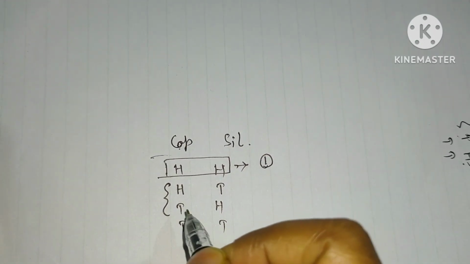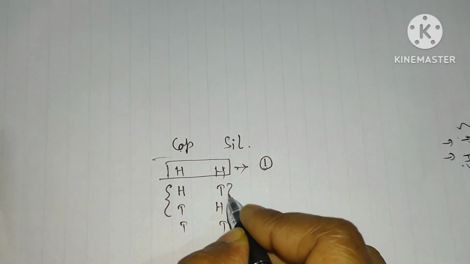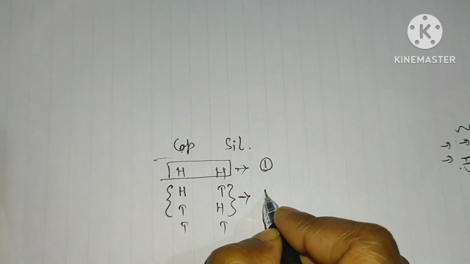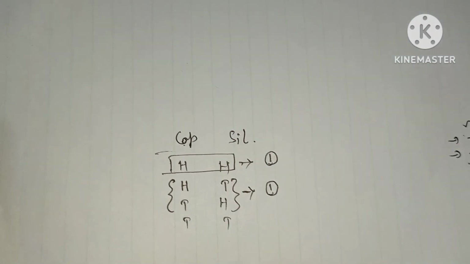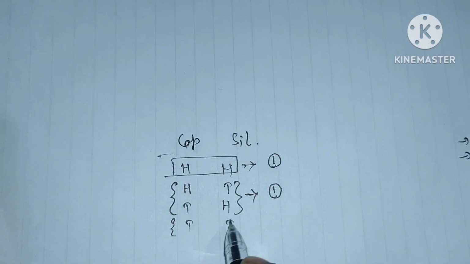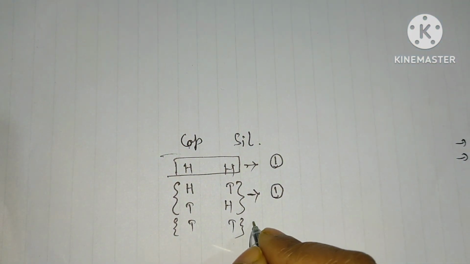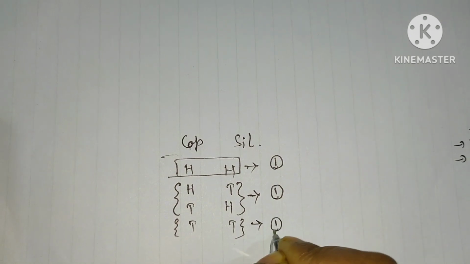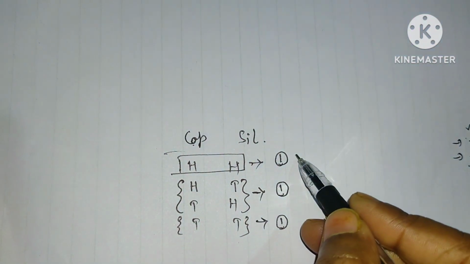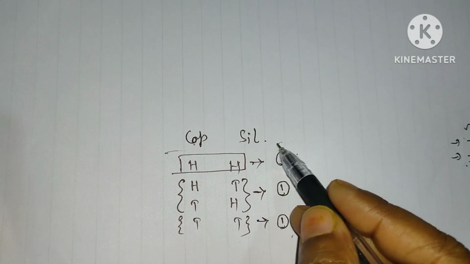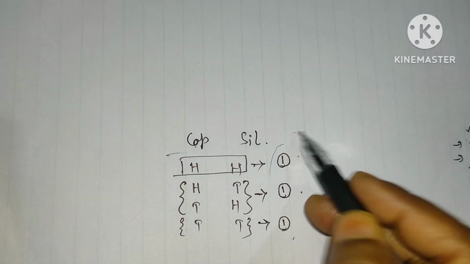We cannot distinguish which coin is which, so this is one possible state. Again, if both are tails, whether we can distinguish or not, one state is possible. So this 1 plus 1 plus 1, these three are known as the macrostates.